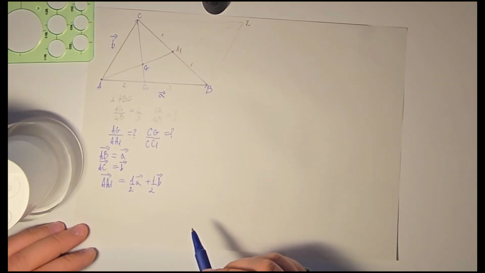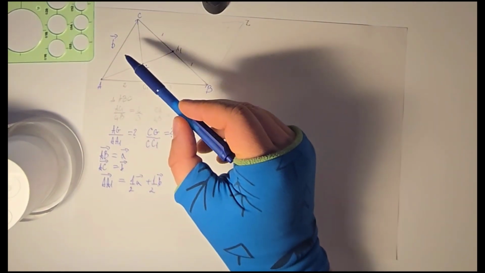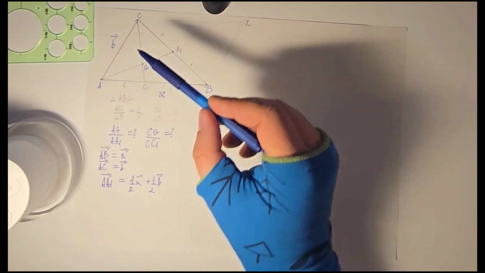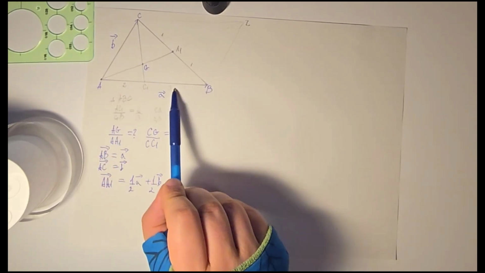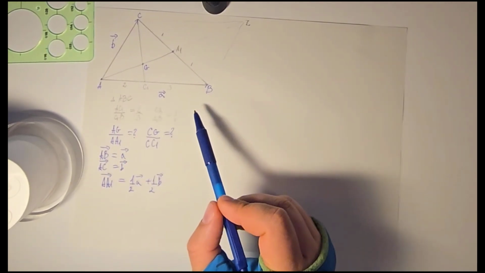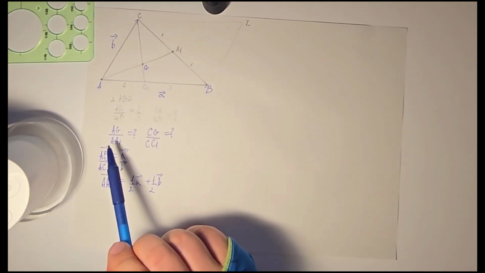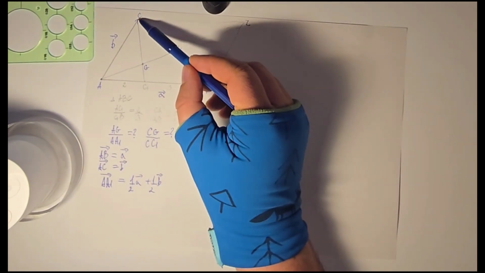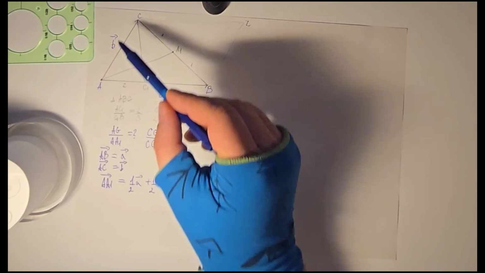Now let's express CC1 somehow. What would CC1 be in this case? It's obvious that it's 2 over 2 plus 3, which is 2/5 of a. And if we start at C, then in order to get here, this vector b should be in the other direction.